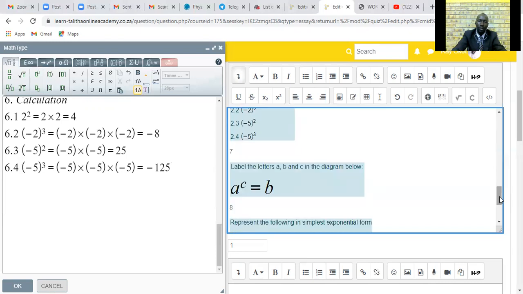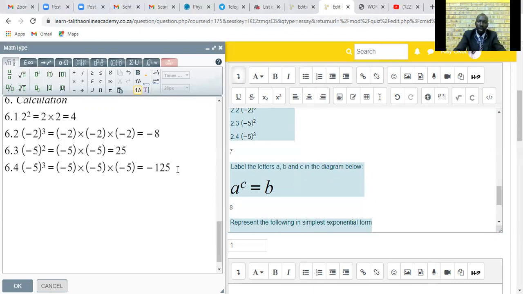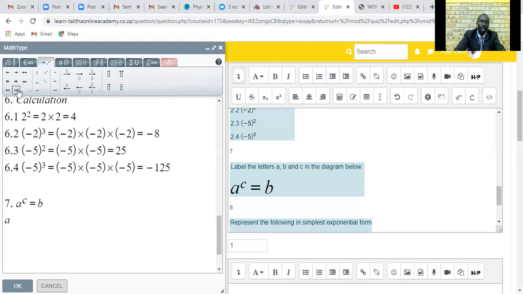Then now for question 7, we have that we have to label A with exponent C equals to B. So how do we label this? Well, here in this case, A is called the base.